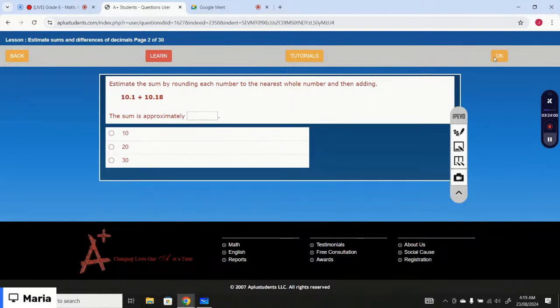Okay, the next one is estimate the sum by rounding each number to the nearest whole number and then adding 10.1 plus 10.18. So which is the correct option? When you estimate these numbers and add, which is the correct option?